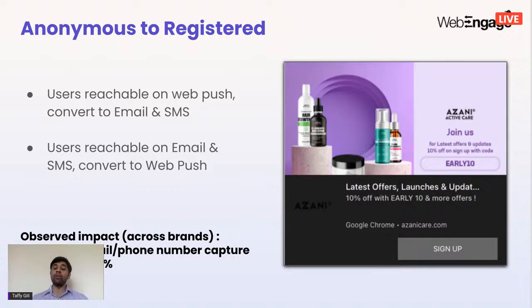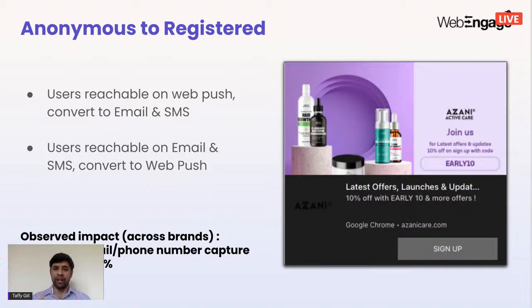So another scenario is anonymous to registered. A lot of brands get visitors on their website who might allow for, let's say, receiving web push notifications, but they might not register. When I say register, they might not share their phone numbers or their email IDs. So a very potent approach that a lot of brands in today's time are utilizing is wherein they create a logic that all the people who opted in for web push notifications should enter a particular targeting flow.